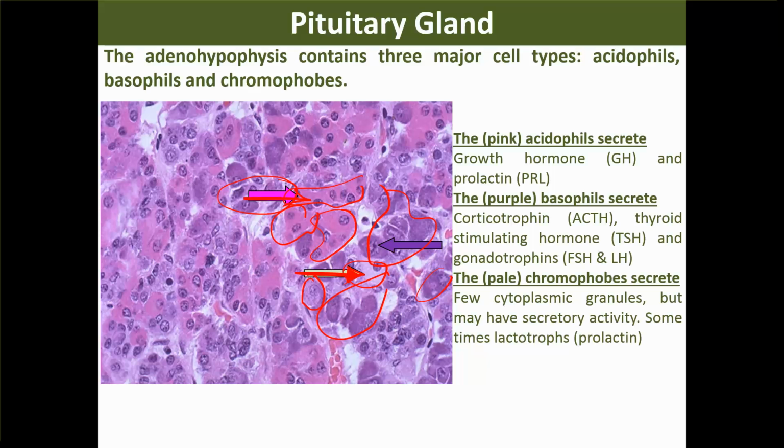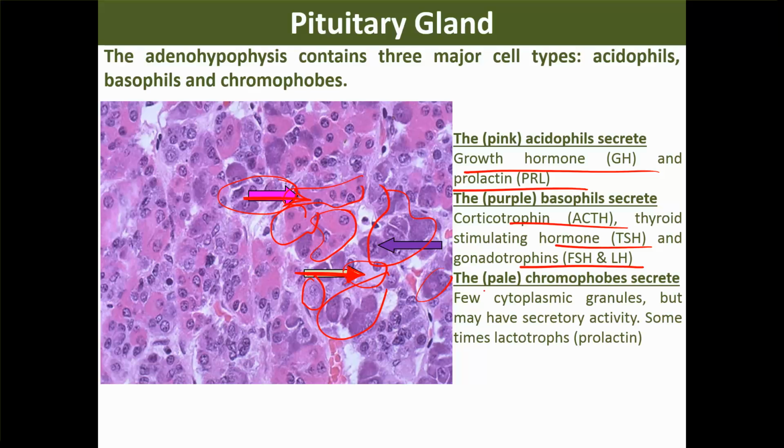These acidophilic cells secrete growth hormone and prolactin. The basophils secrete corticotrophin, that is adrenocorticotrophic hormone, thyroid stimulating hormone, and gonadotrophins, you all know, like follicle stimulating hormone and luteinizing hormone.